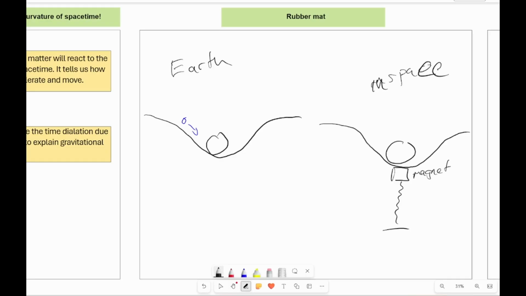And now if we add a little ball here, what happens? Well, nothing. It maybe floats off in this direction. Why? Earth.